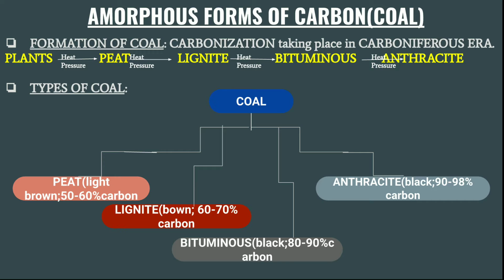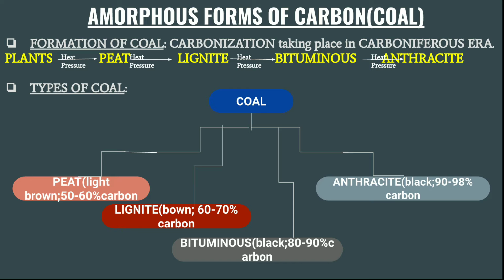After peat formation, it is again subjected to heat and pressure by the earth, a natural process, and it converts to lignite. Again, heat and pressure convert this lignite into bituminous, and finally anthracite is formed.